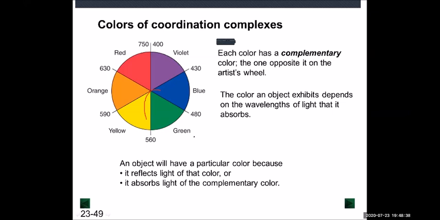If something absorbs blue light, the color of this object will be orange or slightly brown. If a molecule absorbs short wavelength violet light, then it looks yellow. Complementary colors.